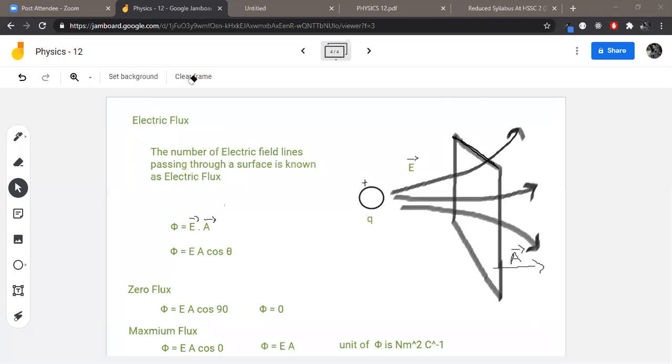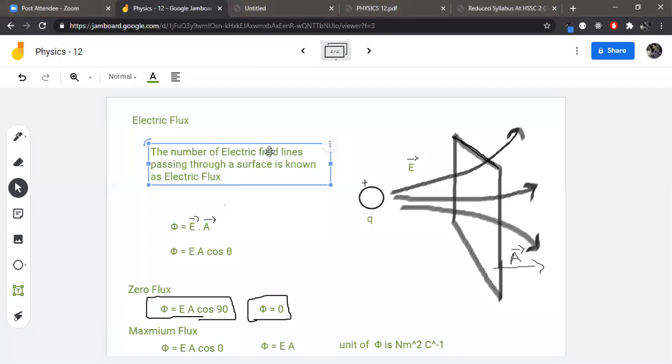We have the formula for electric flux, so I can plug that 90 into this equation, and what I'll get is a flux of zero, because cos of 90 is zero. So that is basically the concept of electric flux. It is the number of electric field lines passing through the surface, and it is mostly dependent upon the angle between the area vector and the electric field of the charge.